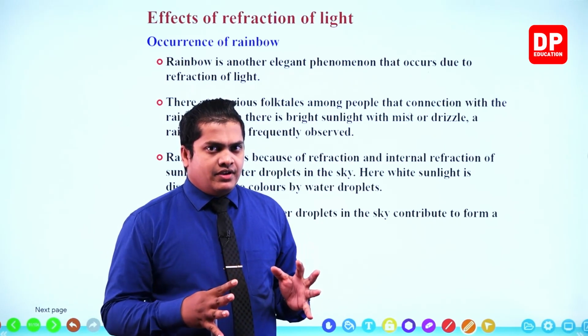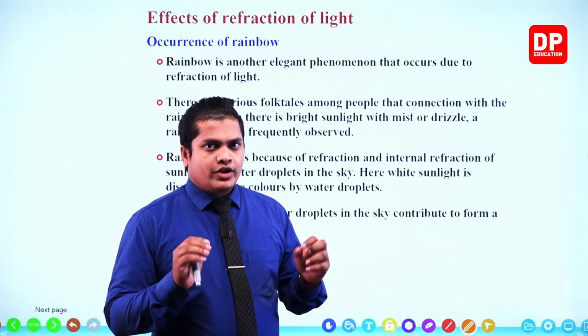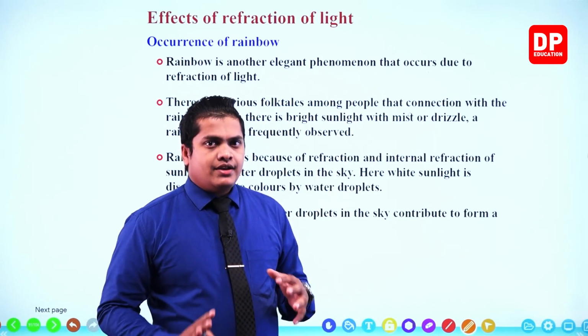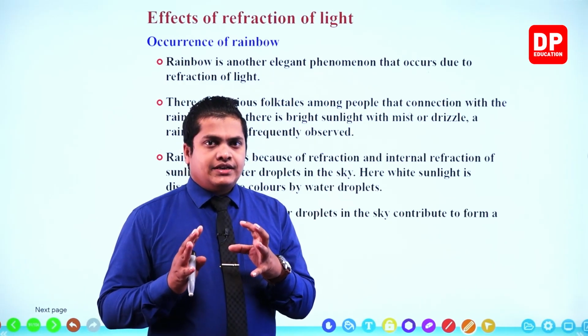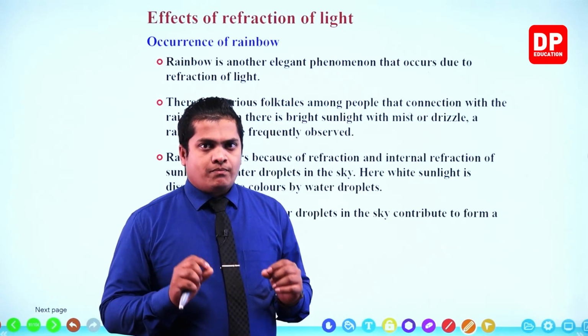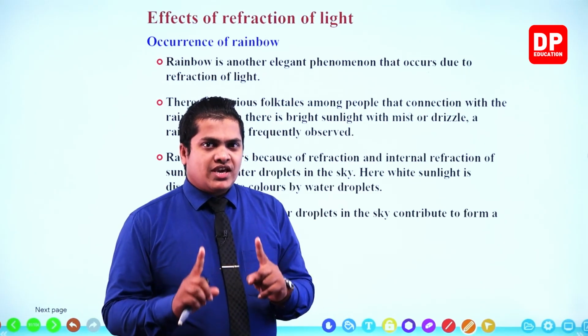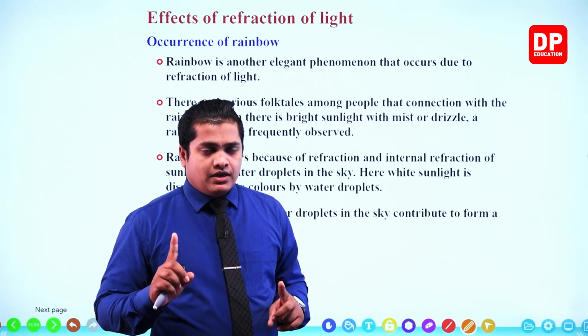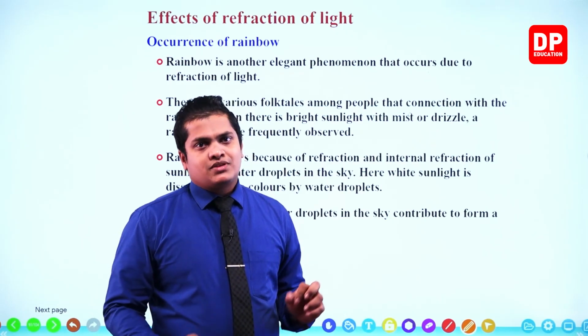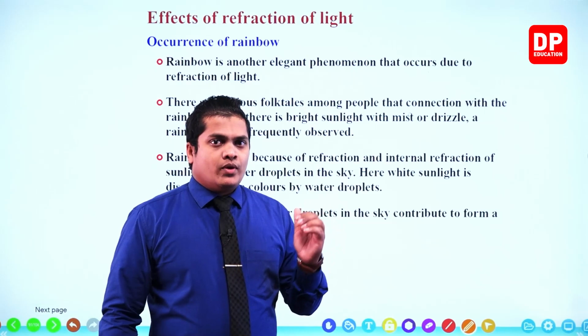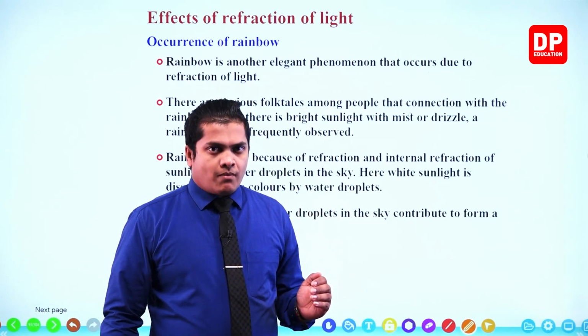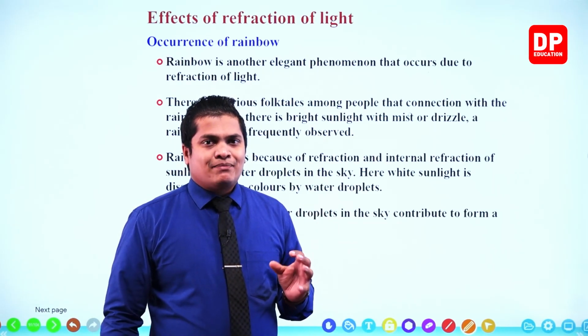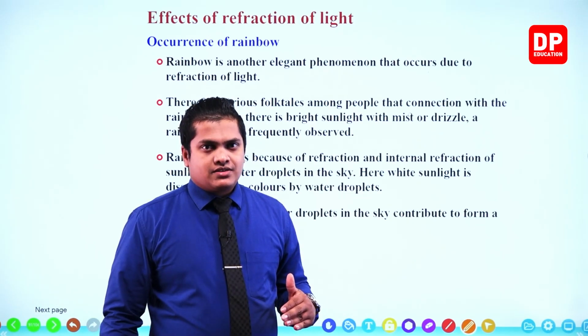So when a heavy rain or a drizzle is going to come down, and when the sunlight is passing through these water droplets, the same process which has happened within the prism can be observed over here. So upon passing through the water droplets, light rays are separated into 7 different colors.